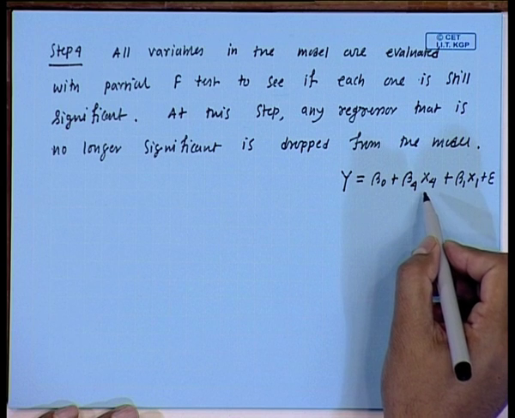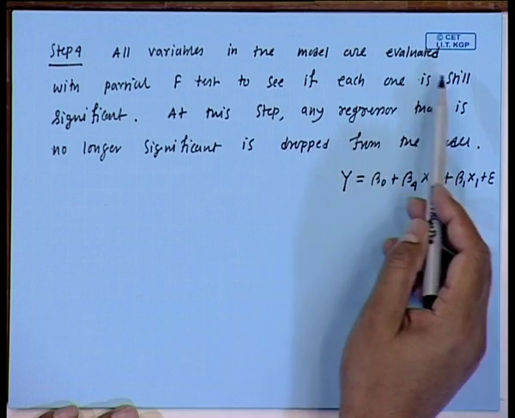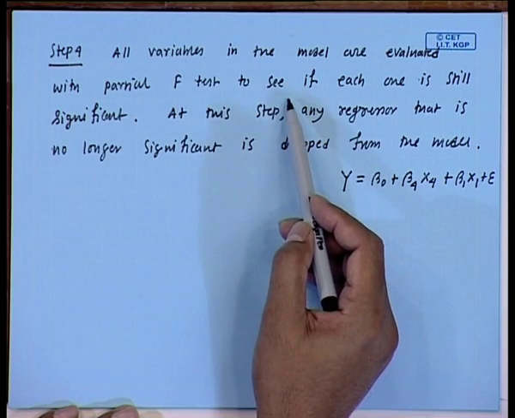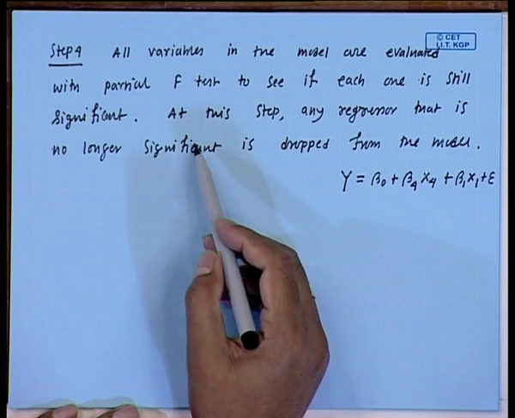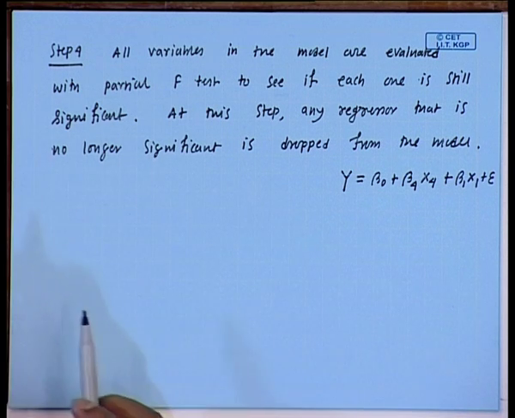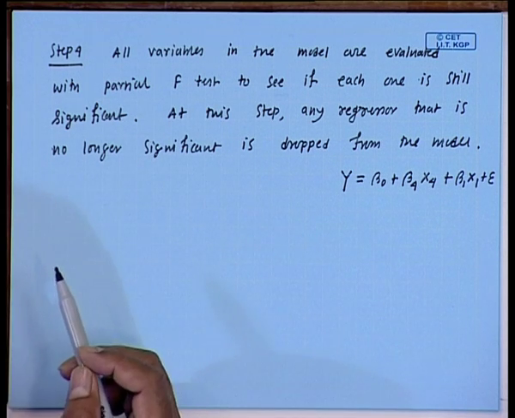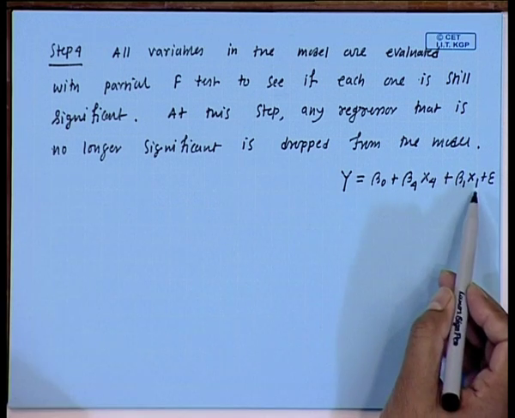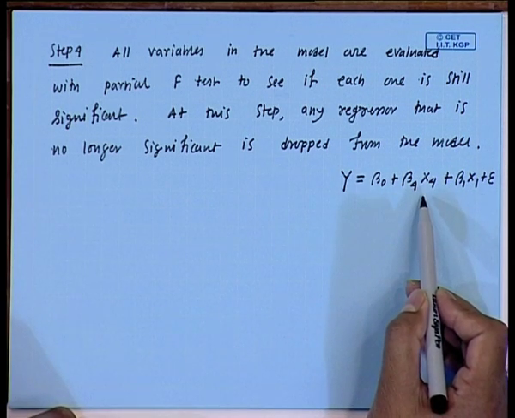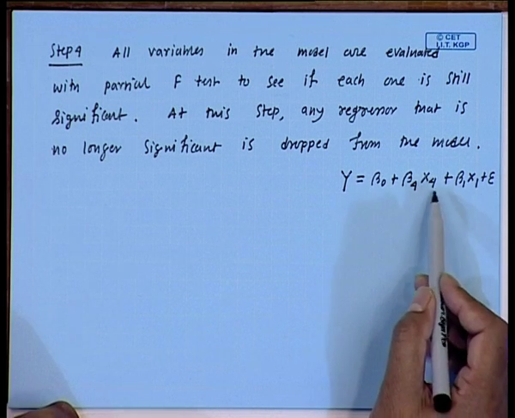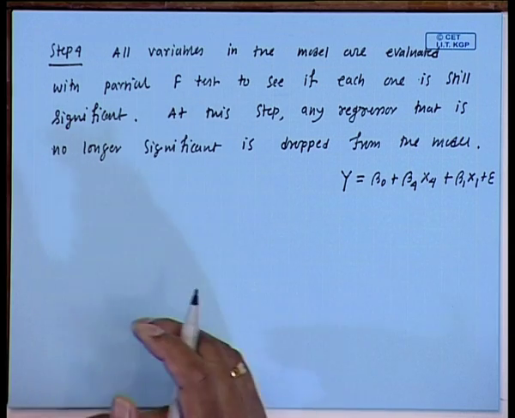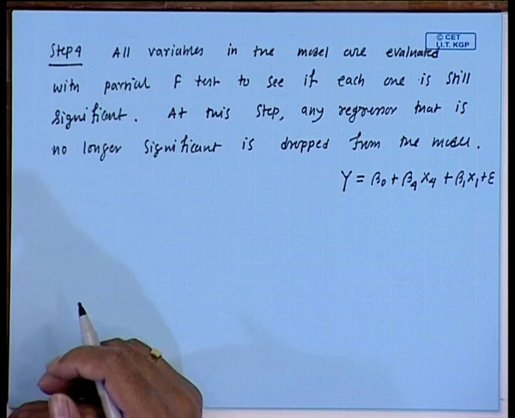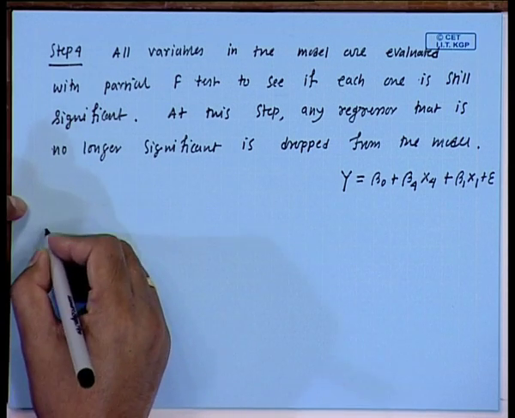That is why all variables in the model are evaluated with the partial F test to see if each one is still significant, and any regressor that is no longer significant is dropped from the model. So in the presence of x 1, if x 4 is not significant, then we will drop x 4 from the model. This is called checking for the possible exit at step 4, and the next step is the stopping criteria.